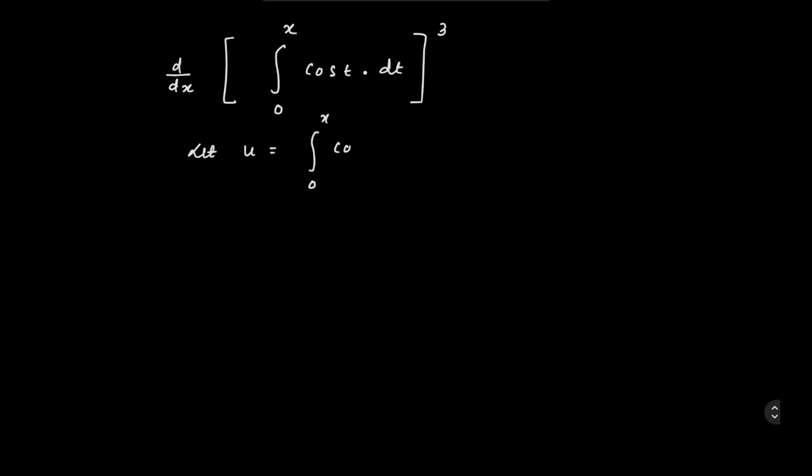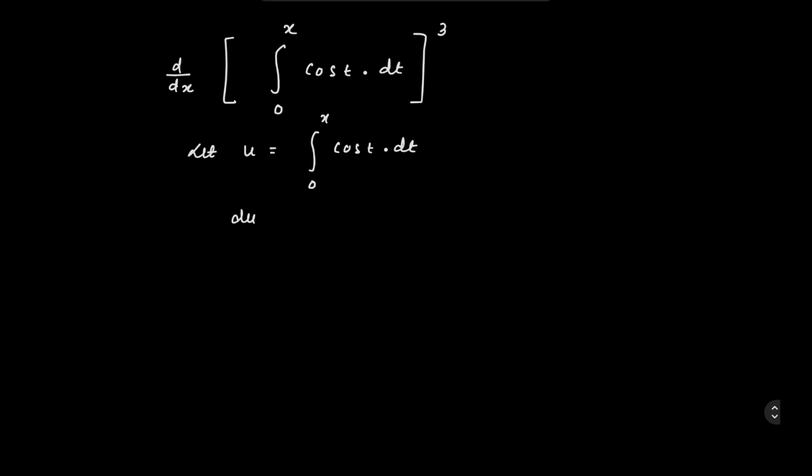So now I'm going to solve one more question of type 2. d/dx of (the integral from 0 to x of cos t dt) whole cubed. So what you do here is let u equal the integral from 0 to x of cos t dt.